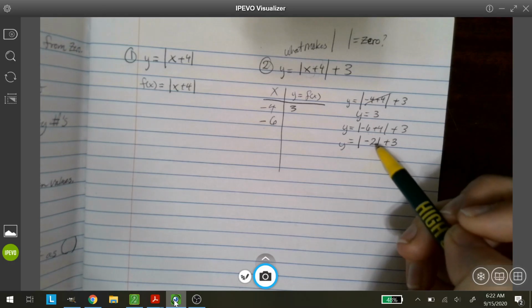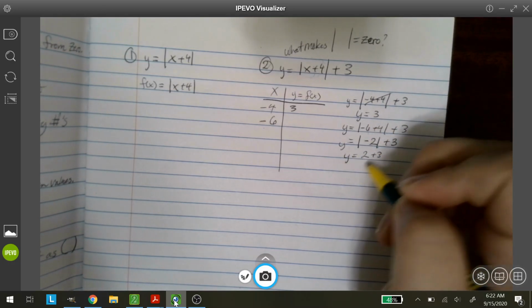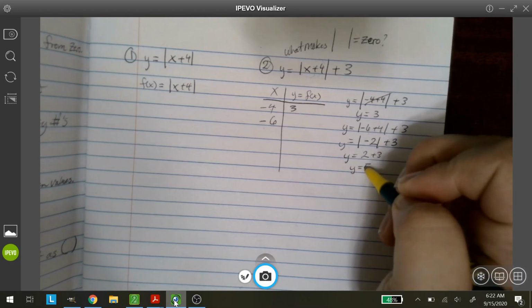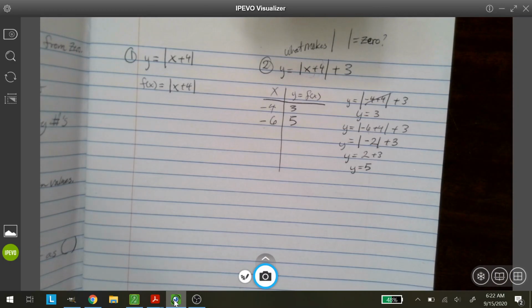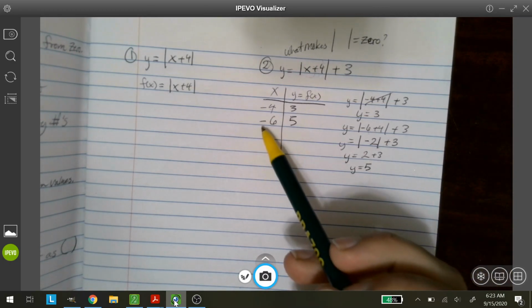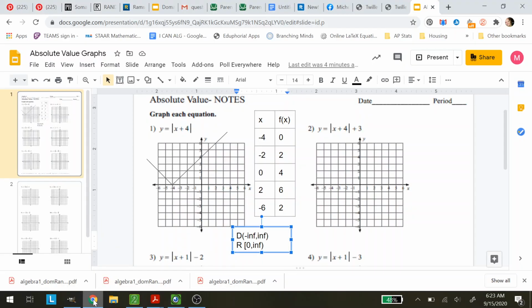Now the absolute value of -2 is +2. And we've got 5. Now, if you remember, if we look at the actual graph that we have, it doesn't go lower than -6, so we can't do anything there.